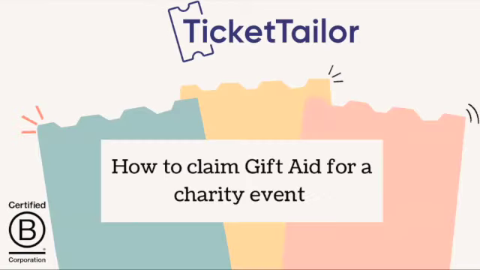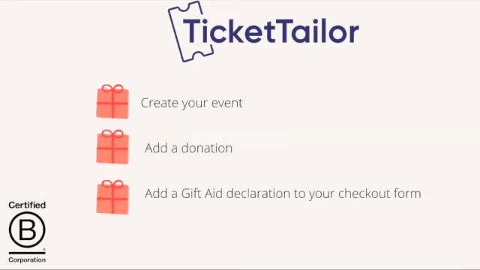So there are two types of Ticket Tailor events where you might be claiming gift aid. One is gift aid for a charity event, and one is gift aid for charity property. Starting with gift aid for a charity event, this is where you'll be selling your event tickets and you'll have an additional donation, and that's what you can claim gift aid on. The process for this should be really simple.